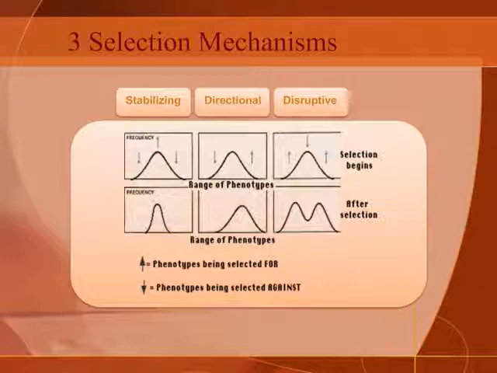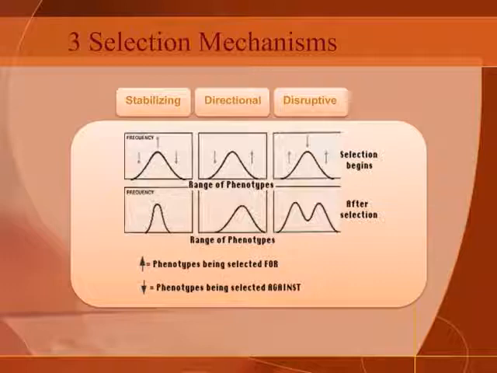After stabilizing selection, the average form of the trait, the average phenotype, is selected for. So the curve actually gets more and more average. There are fewer individuals at either end of the curve.